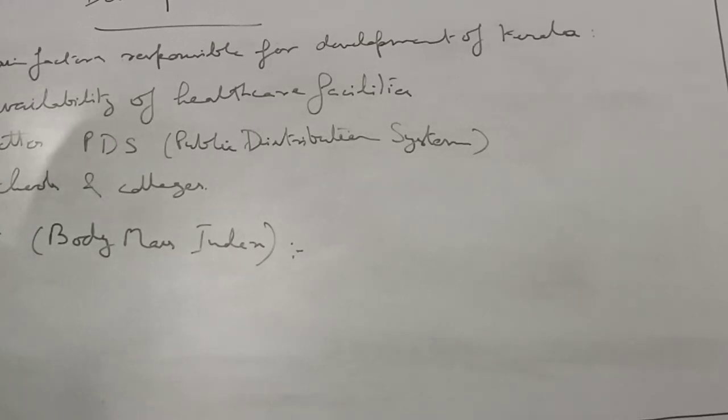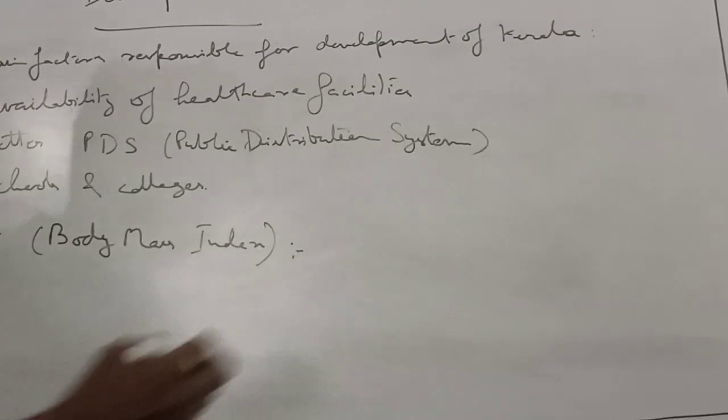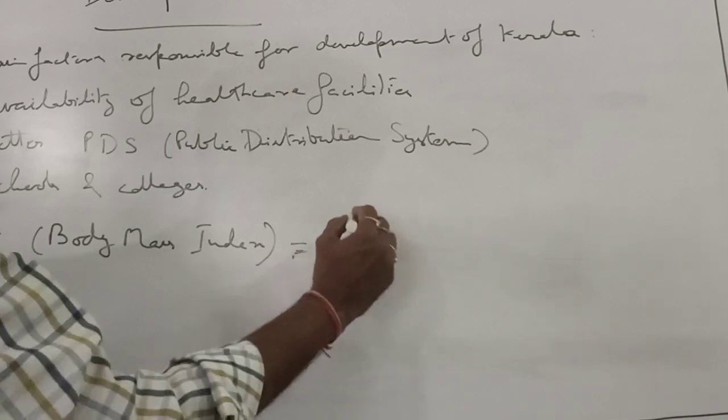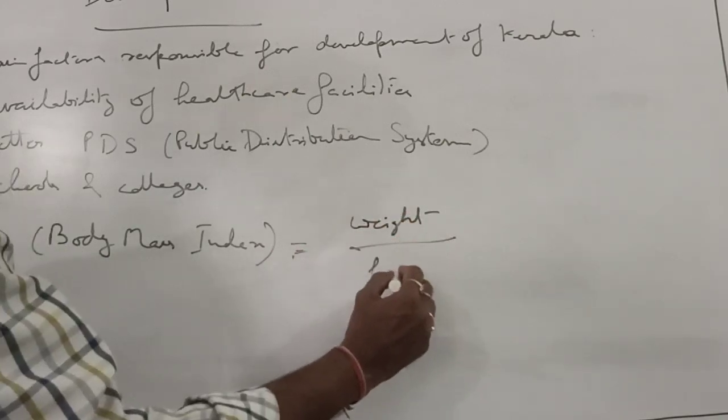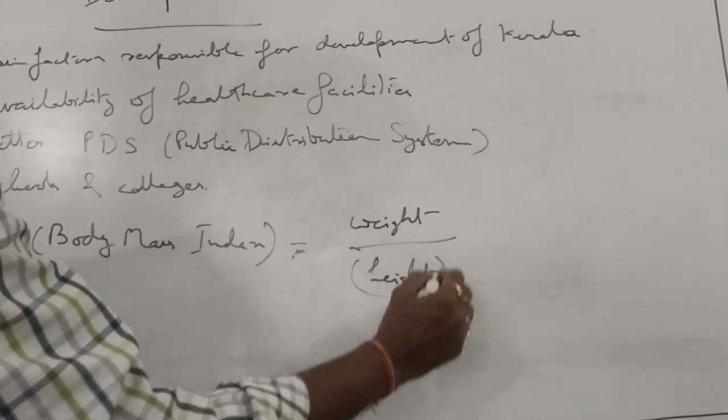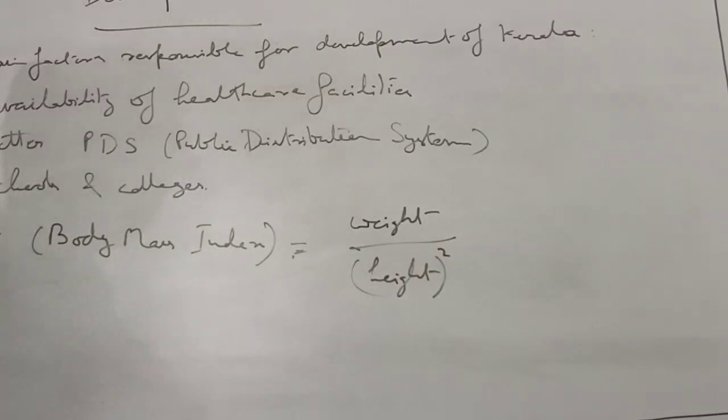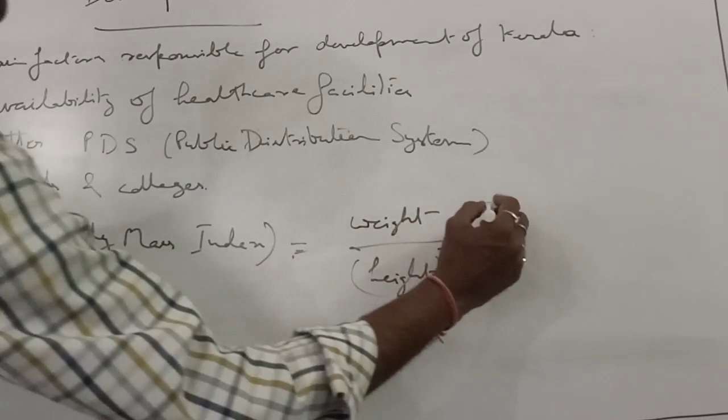So a formula has been designed: BMI equals weight in kg divided by the square of height. Weight should be in kg and height should be in meters.